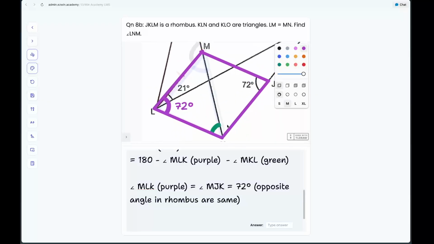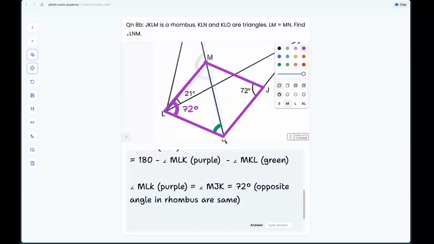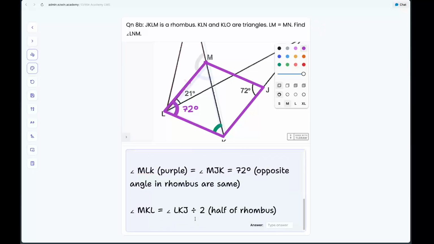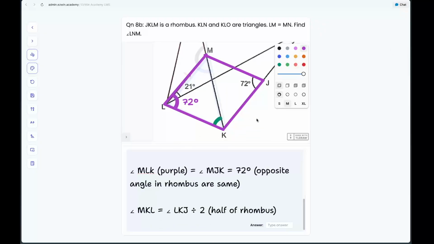If you look closely, the line splits this rhombus in half. Which means that MKL is LKJ, this whole part over here, divided by 2. So for angle LKJ, let me put it in orange.